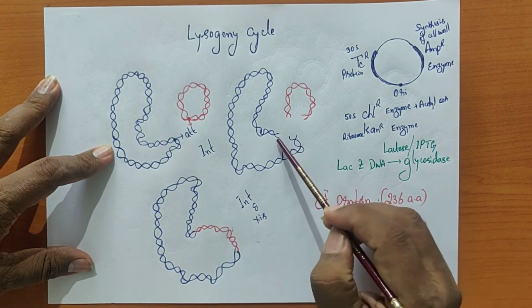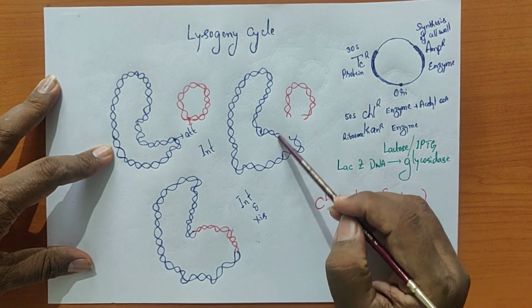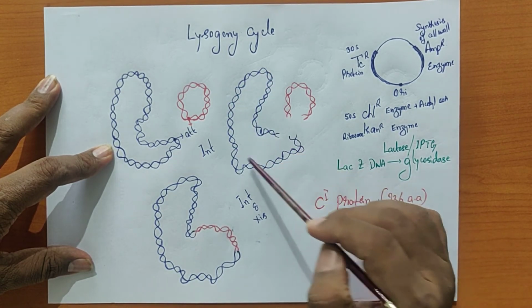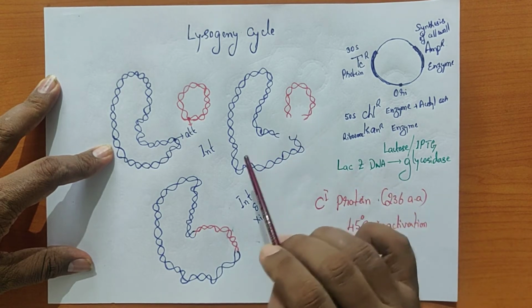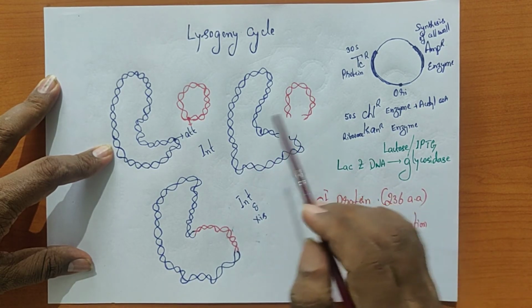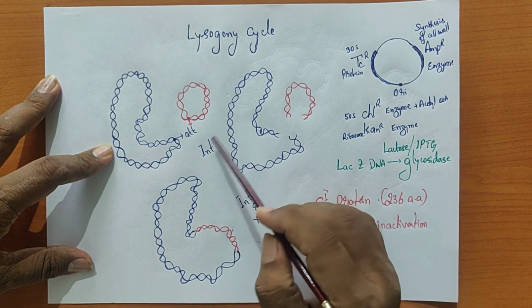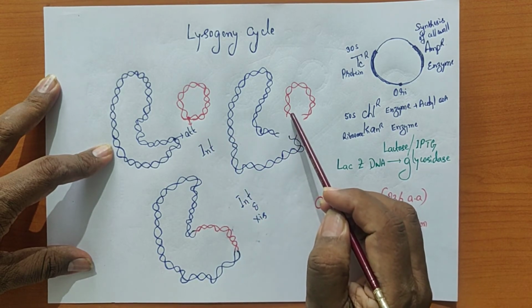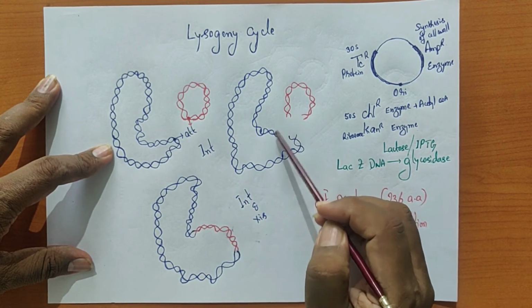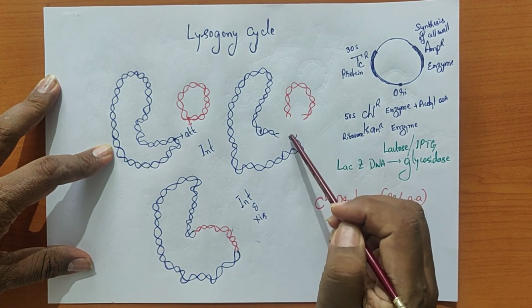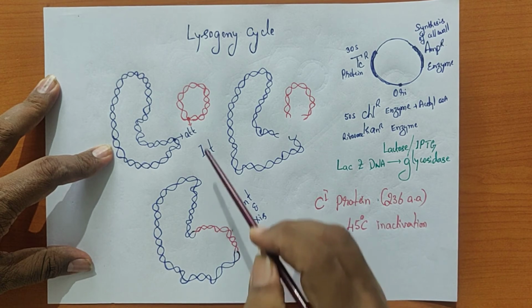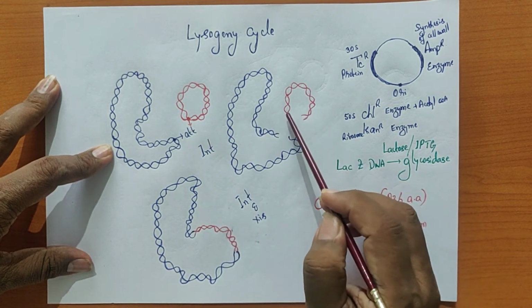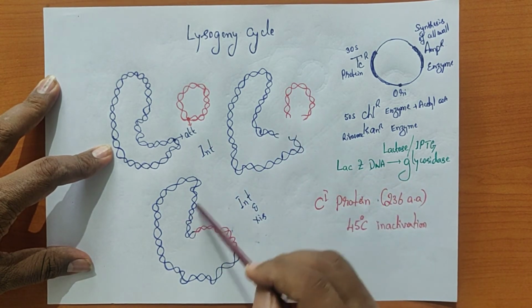As a result, we are going to have the opening of this particular host DNA as well as this particular lambda DNA. Now after cleaving, there will be a joining of this end with this end and this end with this end. Now that results in the integration of the lambda DNA into the host genome.